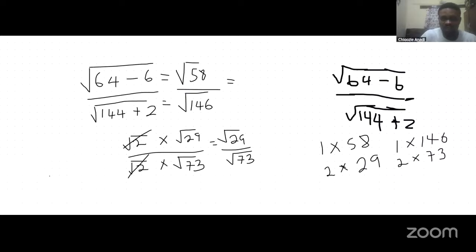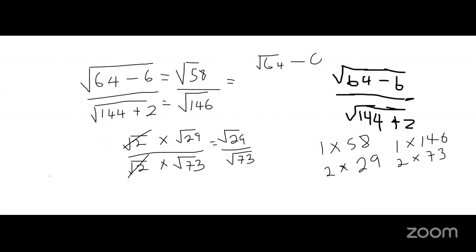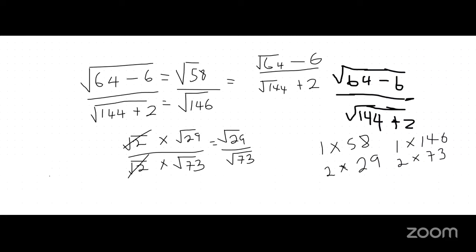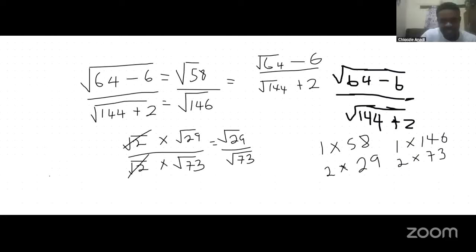Or if the question comes in this format, root 64 minus 6 all over root 144 plus 2, then we know that root 64 will give us 8, and this will be 8 minus 6 all over root 144, which gives us 12, and this is 12 plus 2.